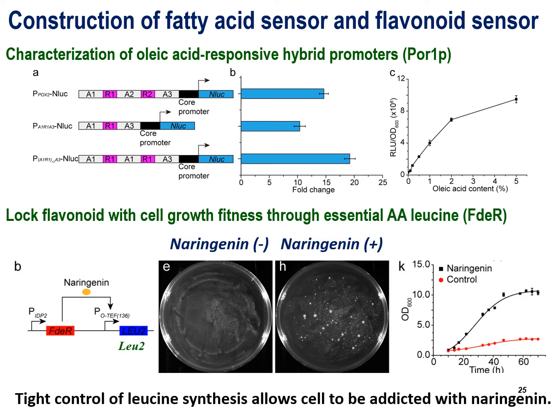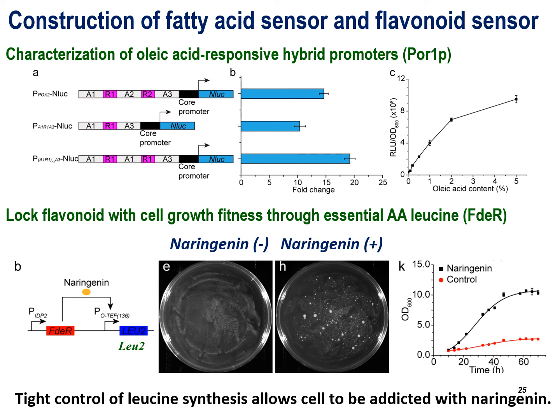At the same time, when we tested the FDR, we used the minimal type promoter with of course the FDR binding sites. Eventually, we found only in the presence of naringenin can the cell grow, because naringenin can turn on the expression of the LEU2 gene. In the absence of naringenin, the cell won't be able to grow on the agar.